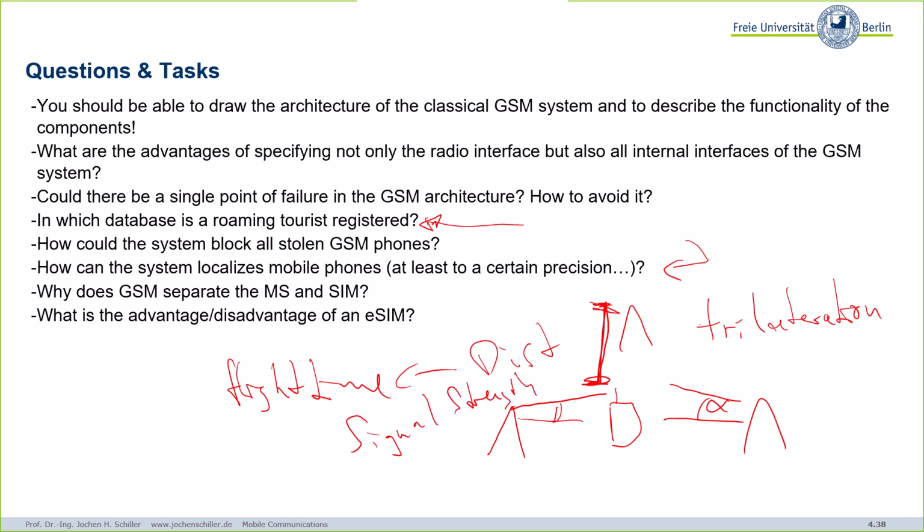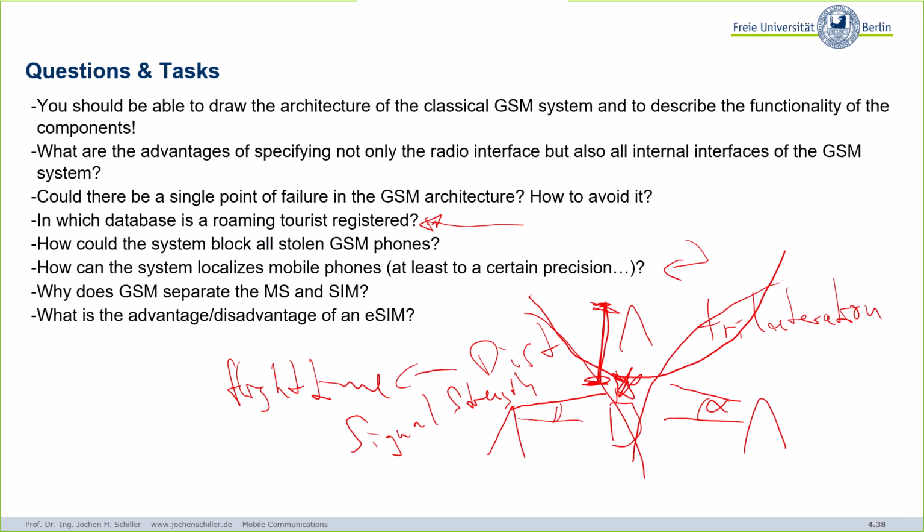Signal strength is not as good as flight time, but at least it gives you a rough indication. So trilateration creates kind of circles around base stations, and you're roughly at the intersection of the circles, plus minus.